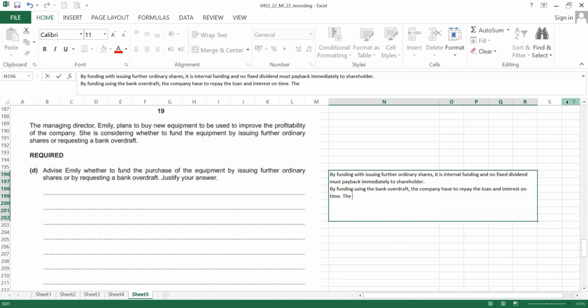The bank will ask for secured asset in order to approve the loan.